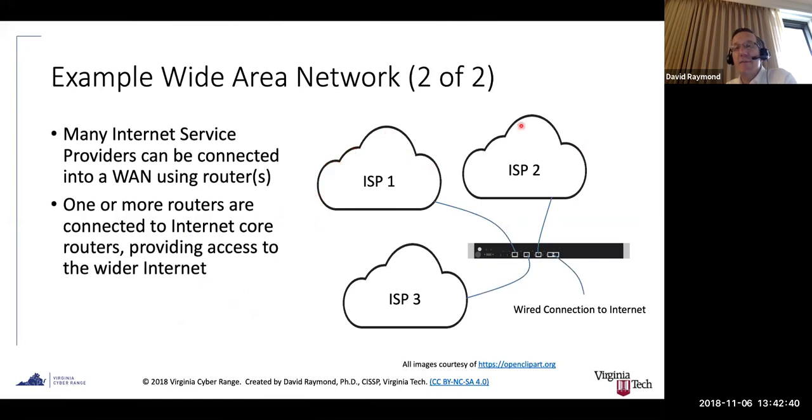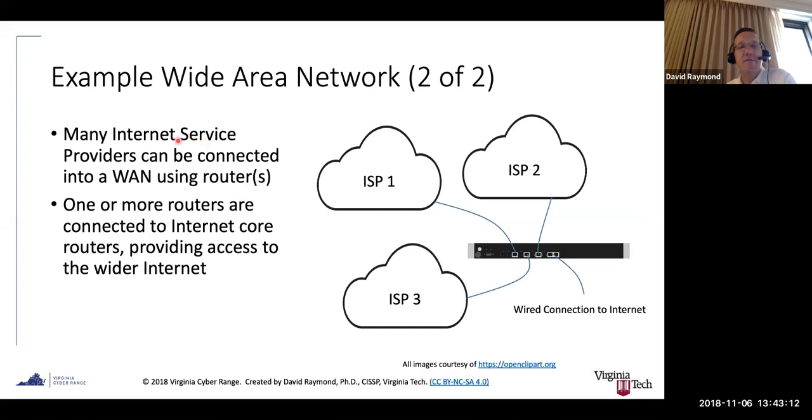And then you have ISP number 2. This might be the phone company who provides DSL service, and DSL is a different type of broadband internet provider, and so this might serve a couple of thousand homes. Then you might have another ISP that serves some other number of homes, and then these multiple wide area networks can be connected to, again, routed together, and then that router could be connected out to the internet.